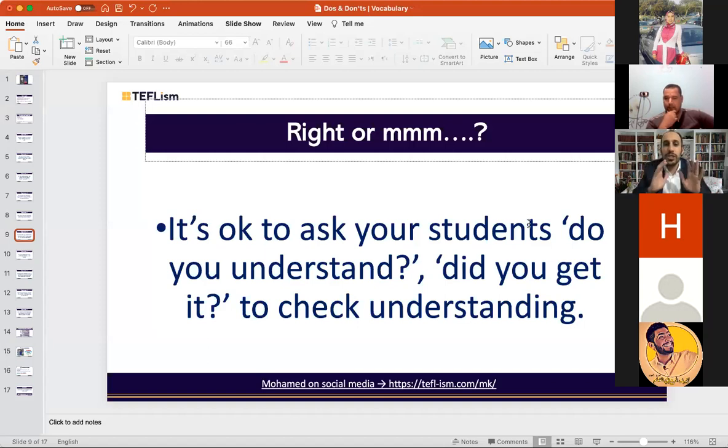If you ask them, did you understand, or do you understand, or did you get it? And they say no, they might worry about their classmates. If they said the truth, they might look stupid in front of their peers. So the automatic response in the Middle East is, yes, I understand. Yes.